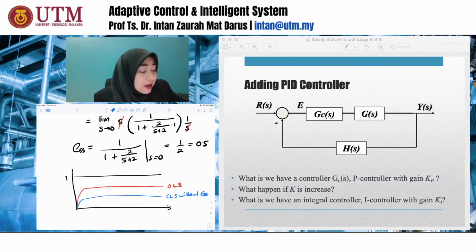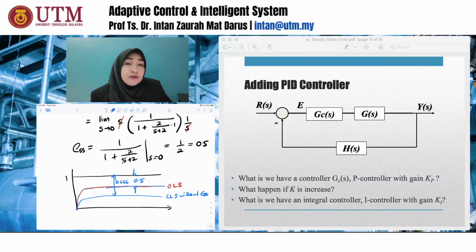Okay, then after a while when I add the controller to it, your system becomes a closed loop system but with an error of 0.5, which is much improved compared with the error of 0.666 in the beginning when you close the loop without the controller.